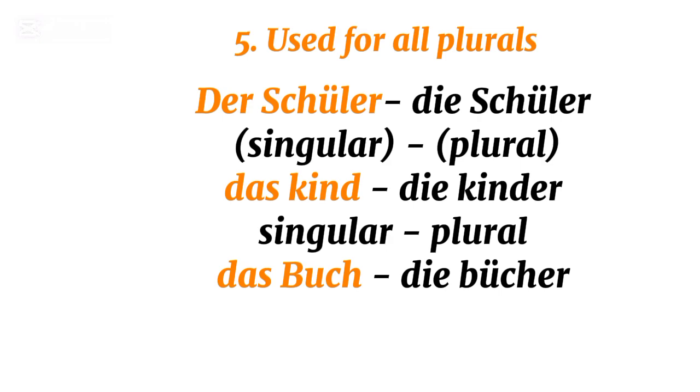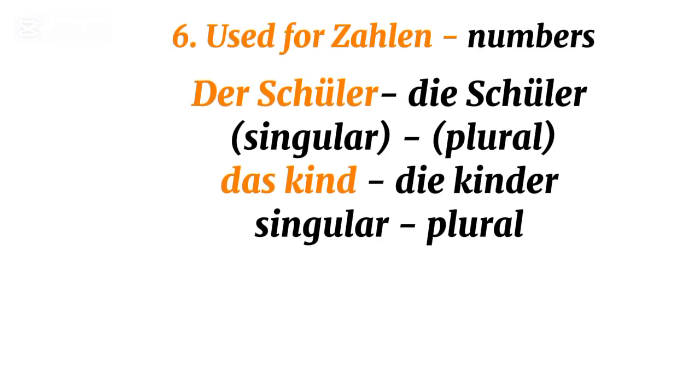So if it is one, it will take a das. But if there are more than one, you will say die Bücher. Die Bücher, das Buch, okay? All plurals, anything that is more than one, they take a die article.